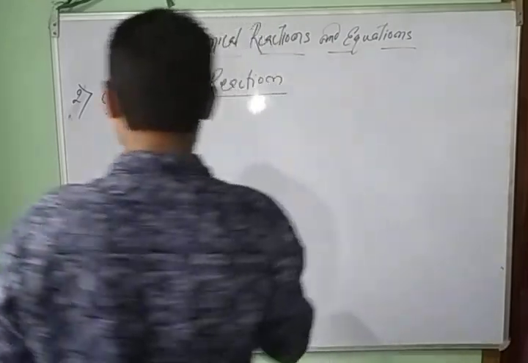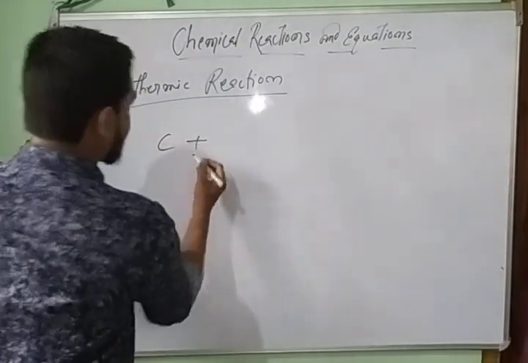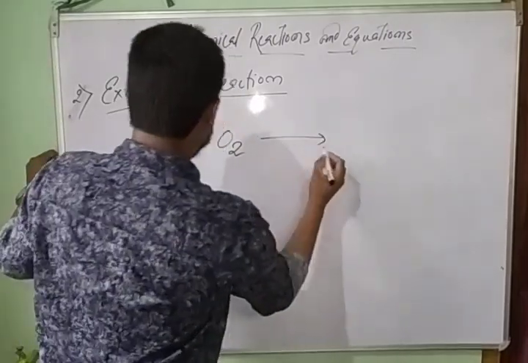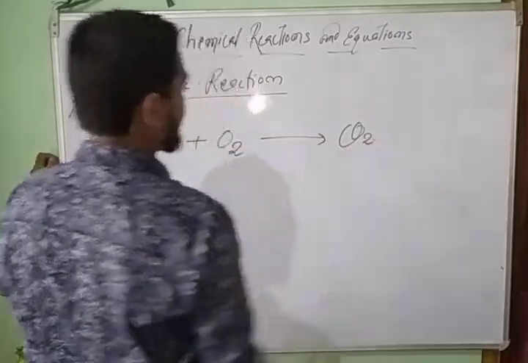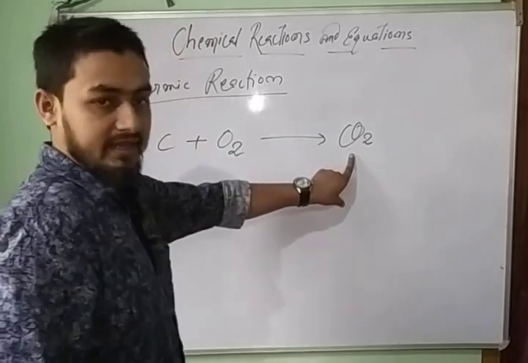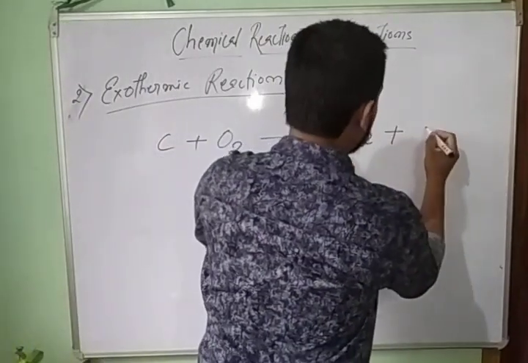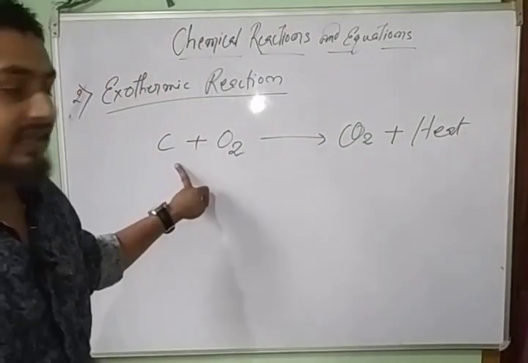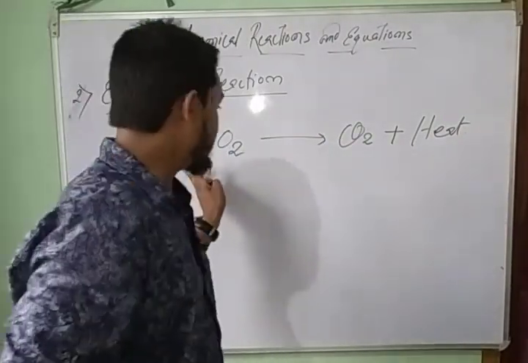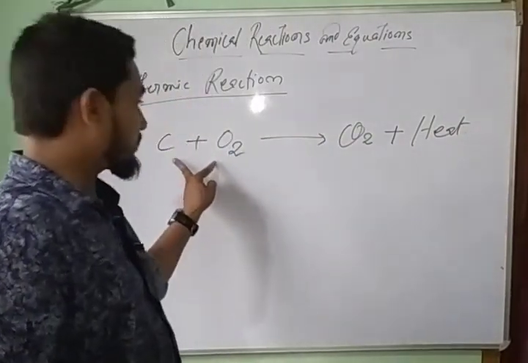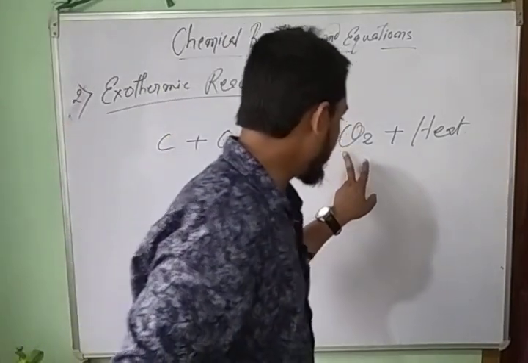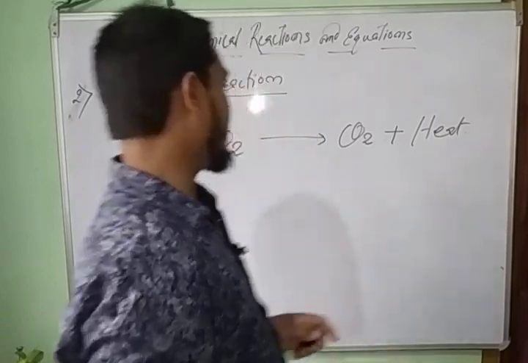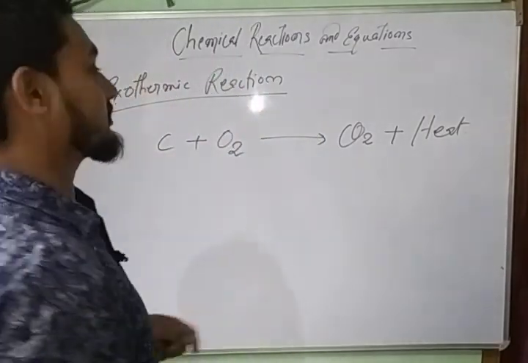For example, if you burn coal, that is carbon, in presence of oxygen, it will produce carbon dioxide, and along with this carbon dioxide, it also produces heat. So the chemical reactions in which the reactants react together and produce heat along with the product are called exothermic reactions.